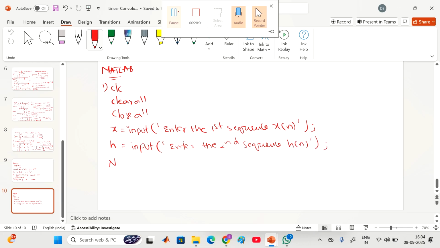Next, finding n1 and n2, that is step 2 in the algorithm. So n1 is equal to, what is the command? Length of x. Now display n1. n2 is equal to, same command, length of h. Display n2.